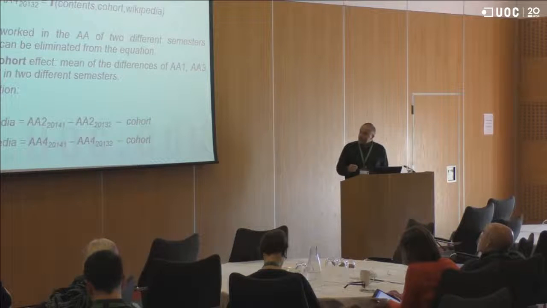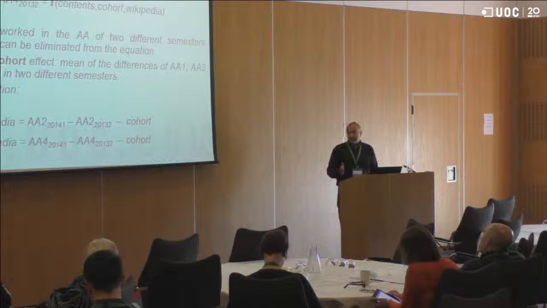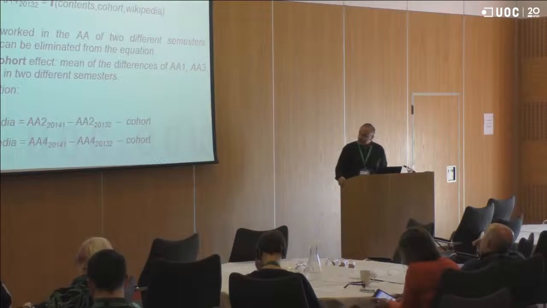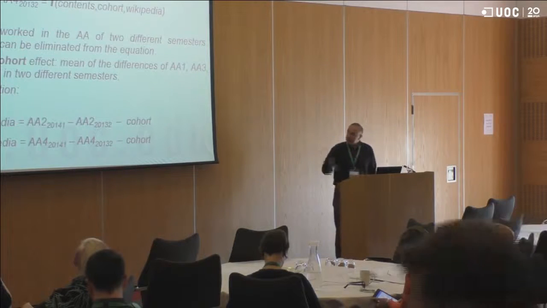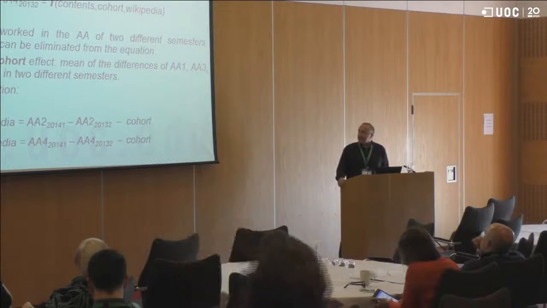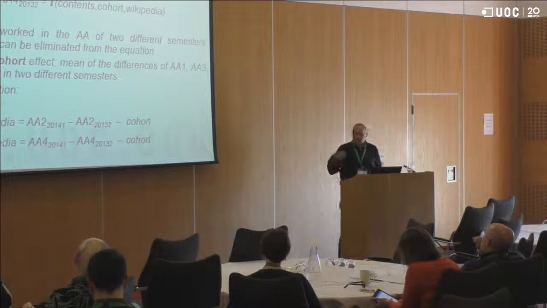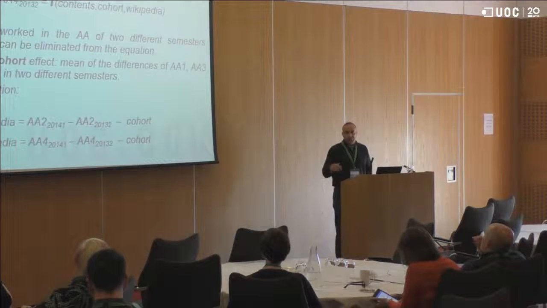So, if we consider that there are no differences between the two semesters concerning the contents, we can eliminate this element from the equation, and what we only have to do is estimate the cohort effect. For doing this, we compute the mean of the differences in those assessments where Wikipedia was not used.